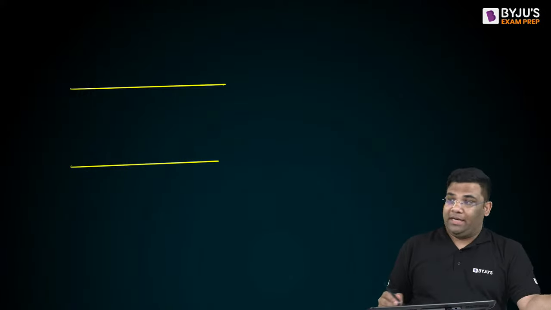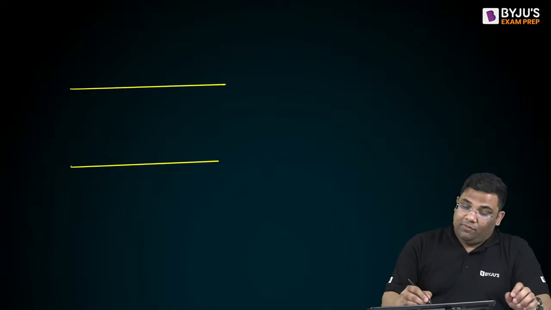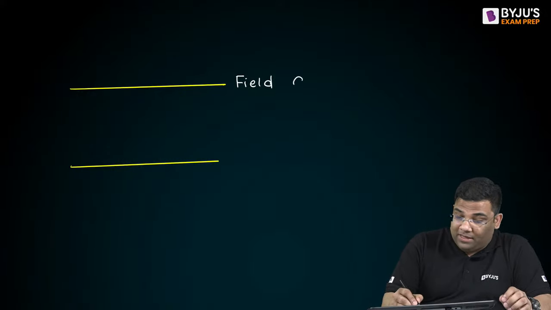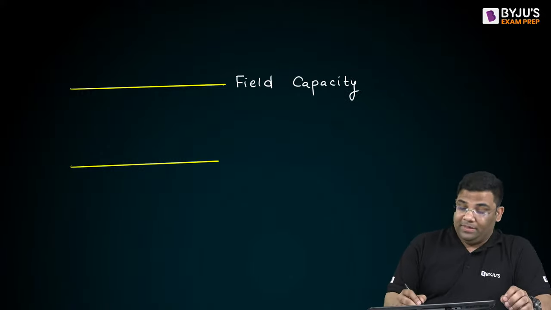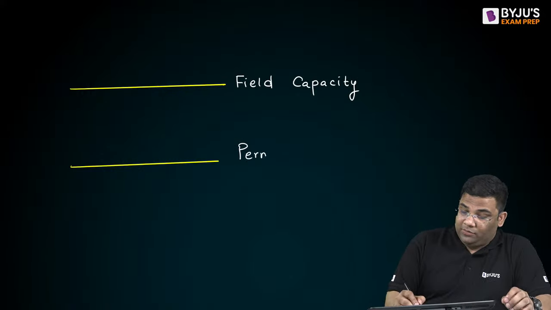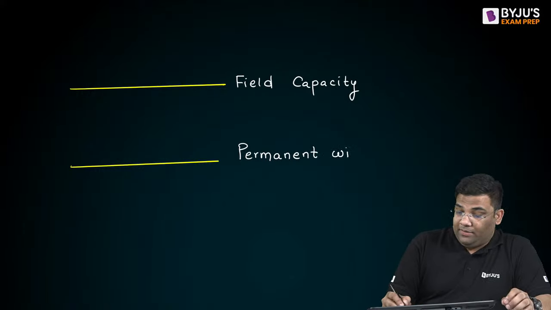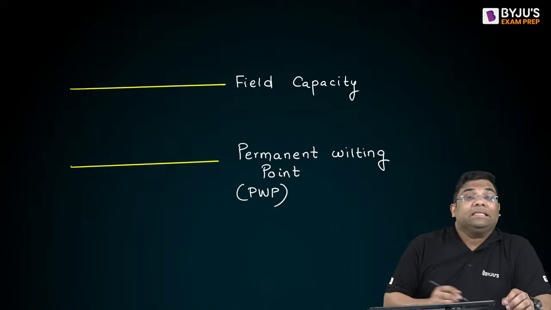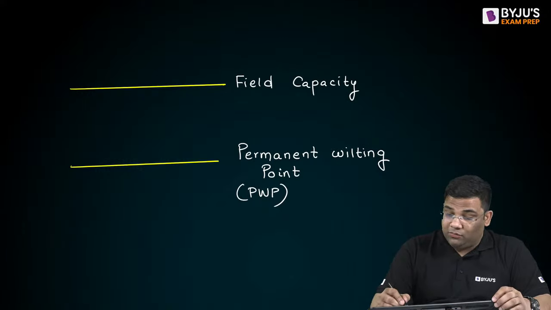One is your field capacity, and the next one is your permanent wilting point. In short, we call that PWP, and this field capacity is known as FC.